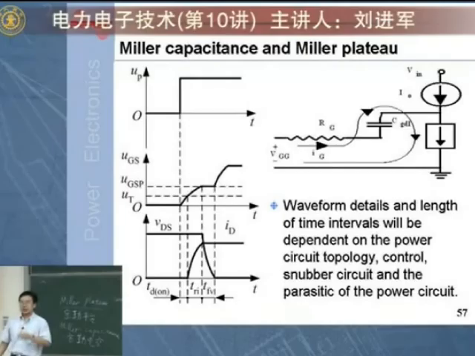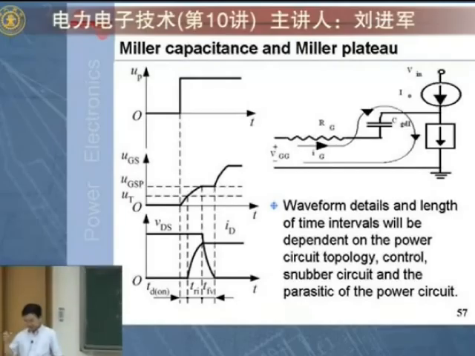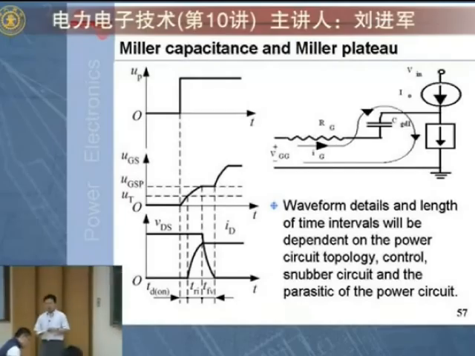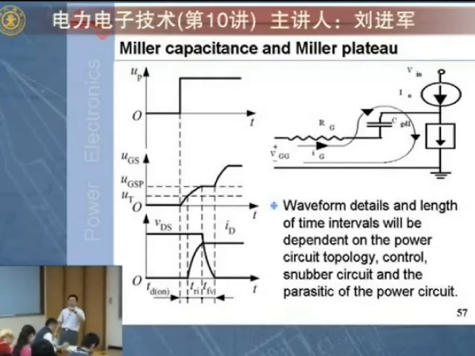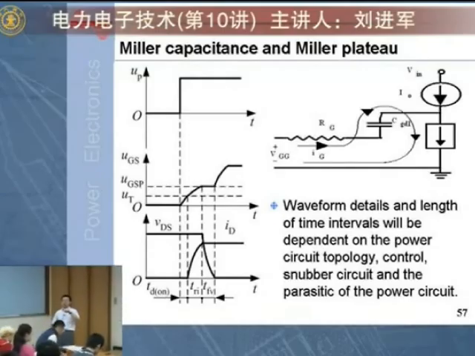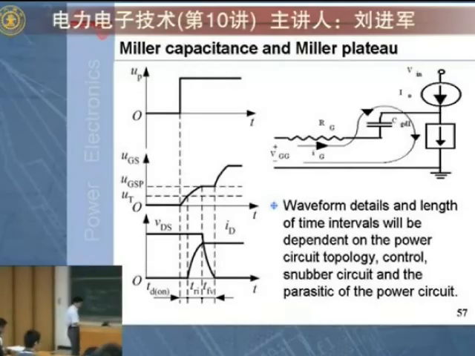Miller capacitance is the capacitance between gate and drain. Why is there capacitance?